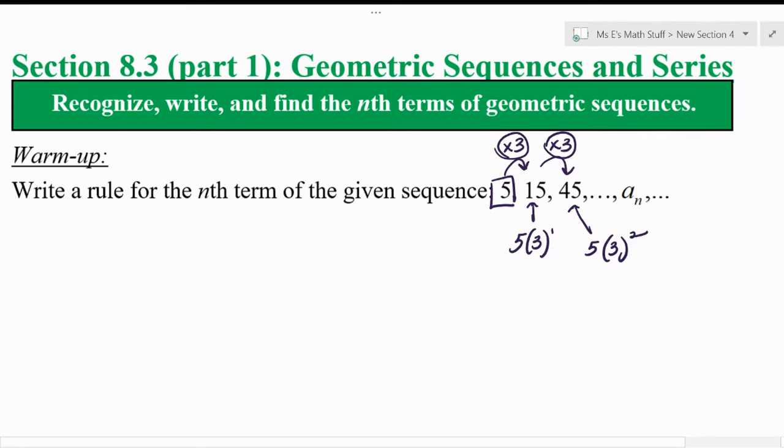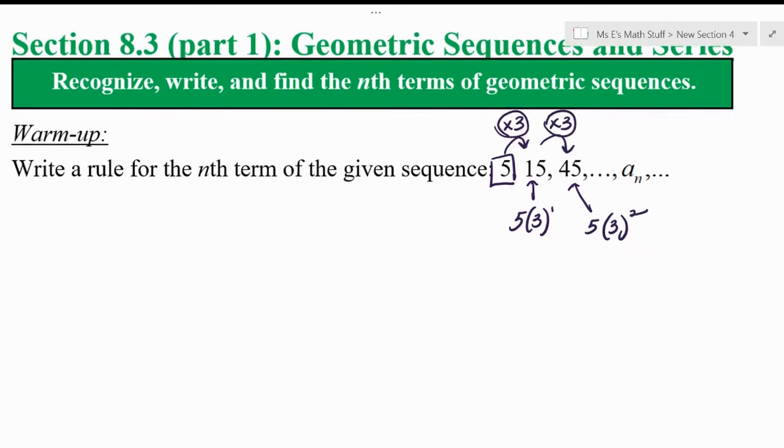A pattern starts emerging: you're just taking your first term, which in this case is 5, and multiplying it by what we call a common ratio, which this time is 3, a certain number of times. To get to the second term, 15, you had a power of 1. And to get to the third term, 45, you had a power of 2.